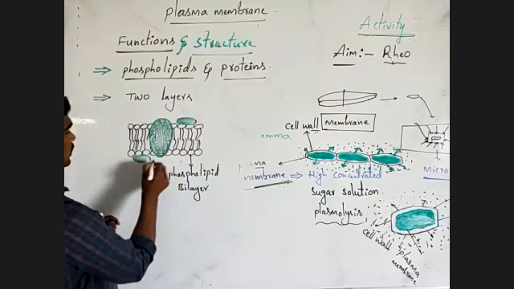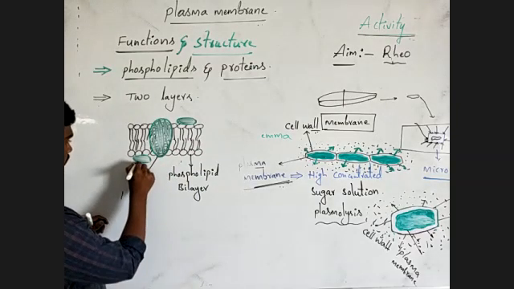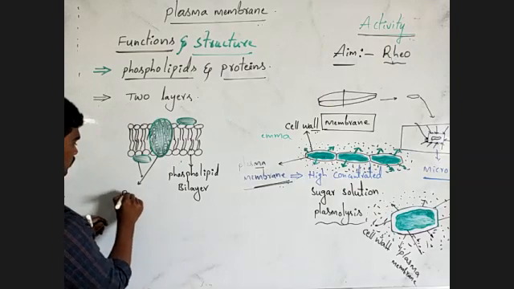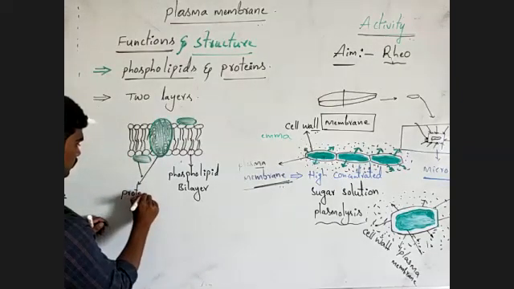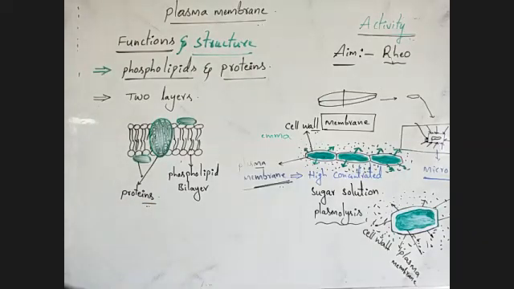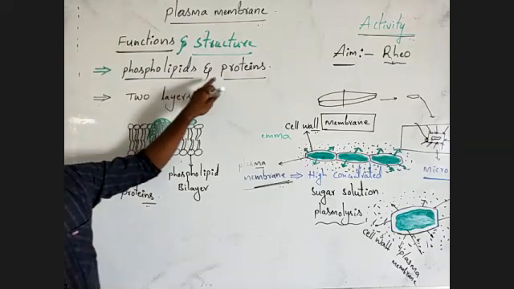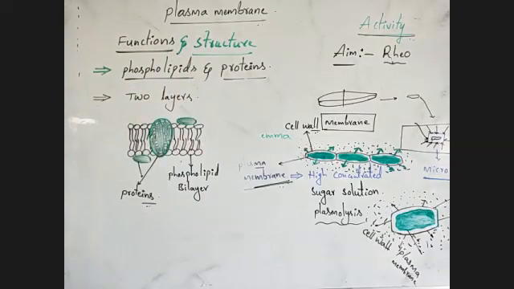These are the proteins. Like this, the plasma membrane is made up of phospholipids and proteins.